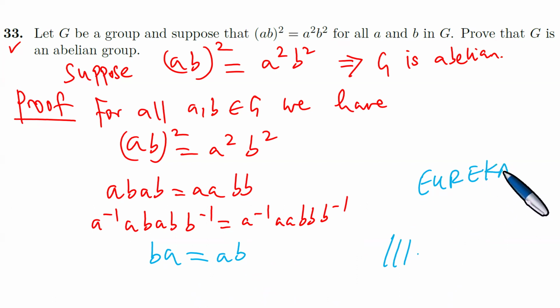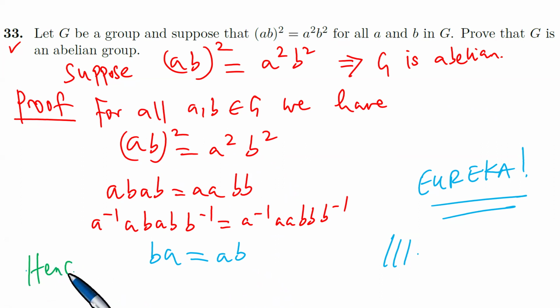This is exactly the proof that whenever you have (AB) squared equal to A squared B squared, then G is abelian, because AB is equal to BA. Hence, G is abelian.